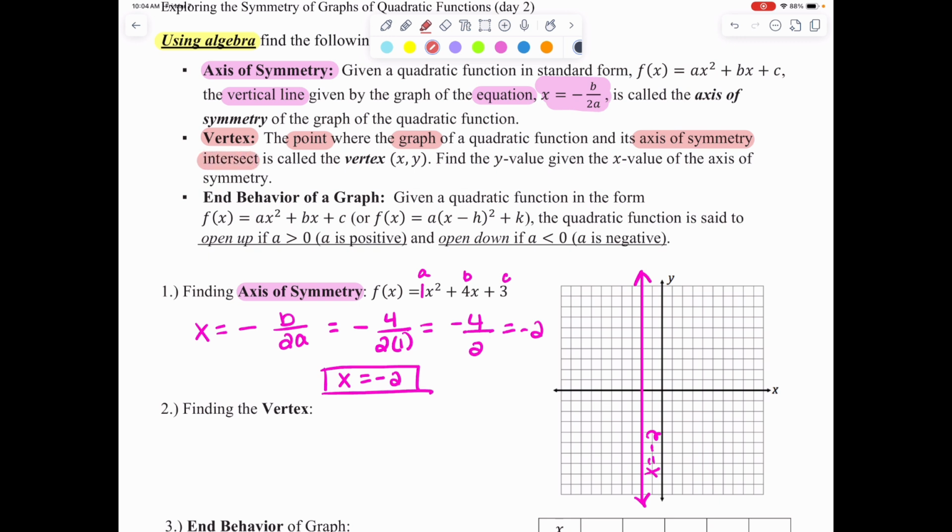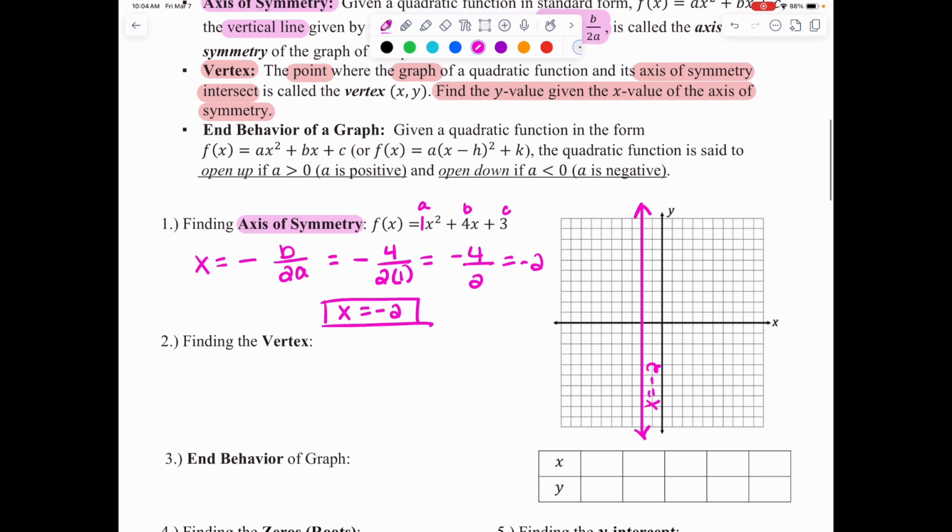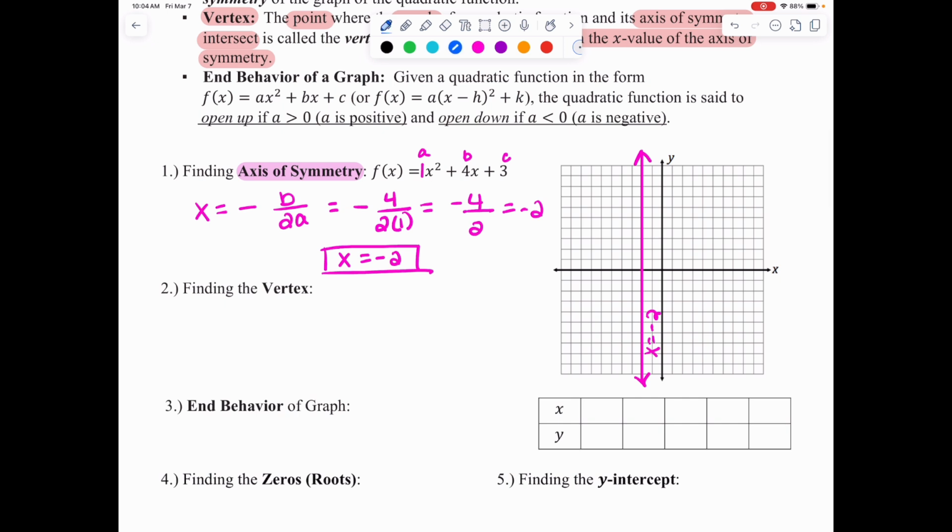But this time, we don't have a picture. However, we do have the x value already. So we are going to find the y value given the x value of the axis of symmetry. So going down here, in order to find the y value, we have to use the actual function itself. So we're going to use f of x equals x squared plus 4x plus 3. Now, we already found the axis of symmetry above.